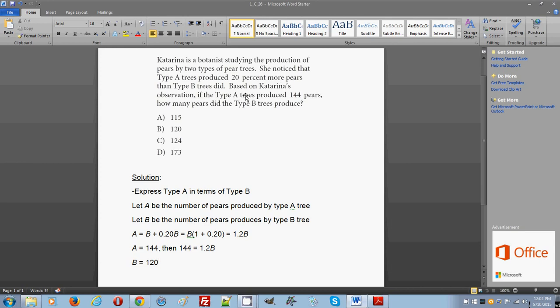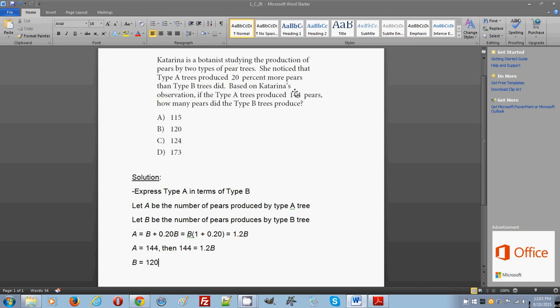Katerina is a botanist studying the production of pears by two types of pear trees. She noticed that type A trees produce 20% more pears than type B trees did. Based on Katerina's observation, if the type A trees produced 144 pears, how many pears did the type B trees produce?